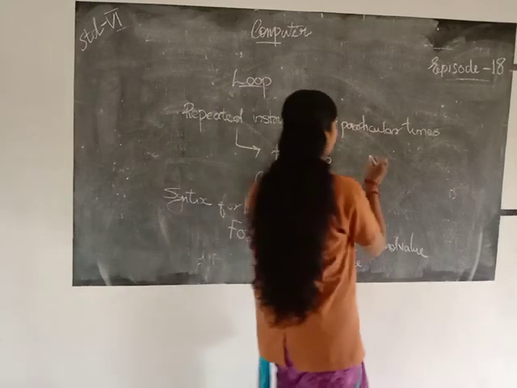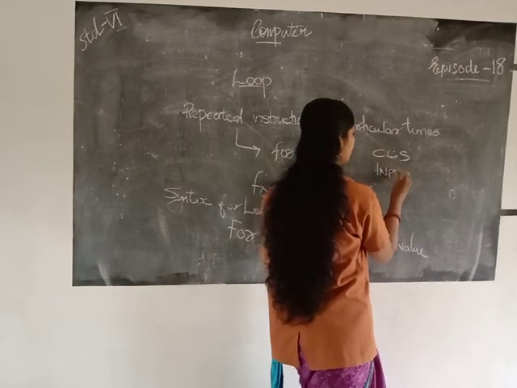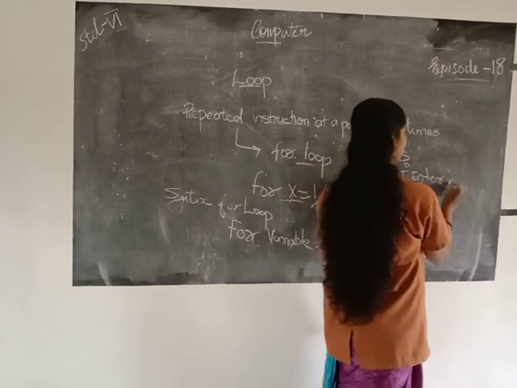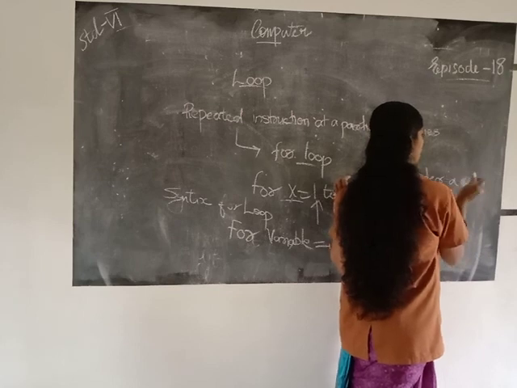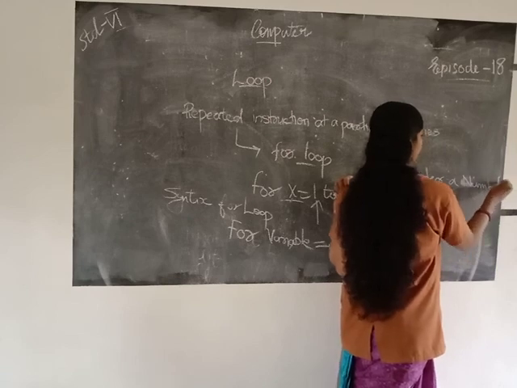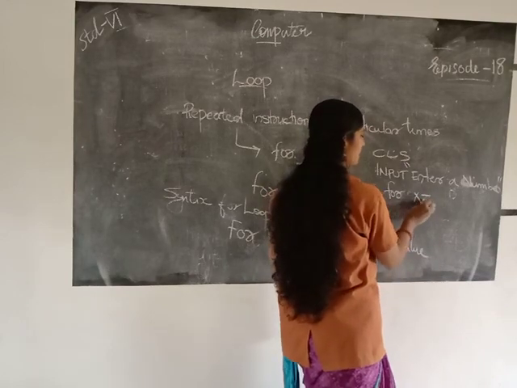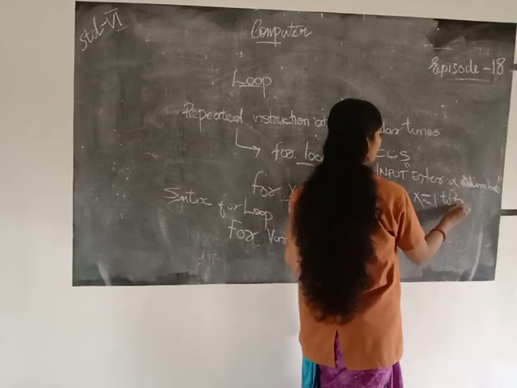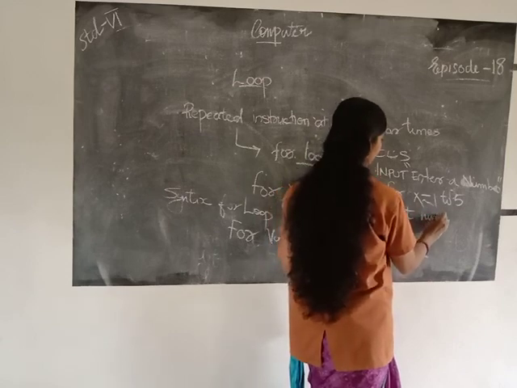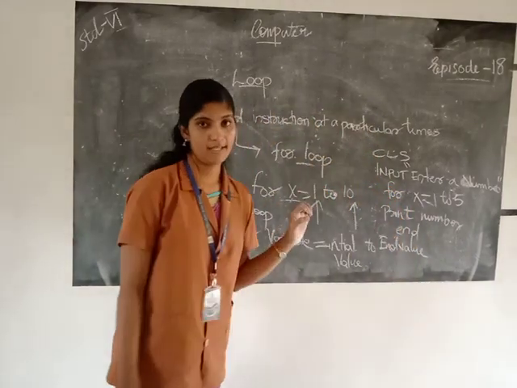So let's take CLS, then input, for x equal to 1 to 5, then print number, then end. So what would be the output here?